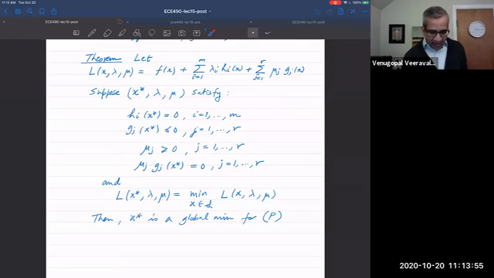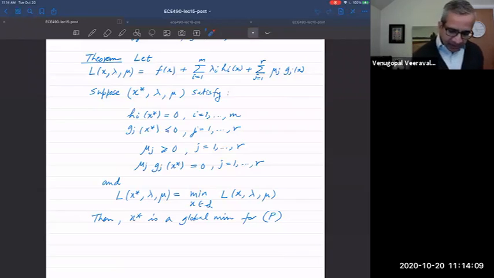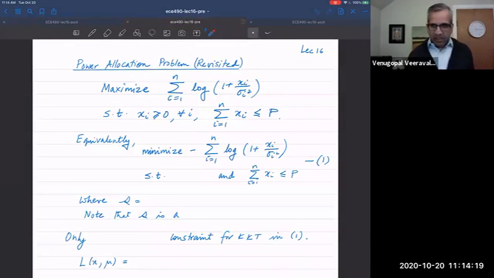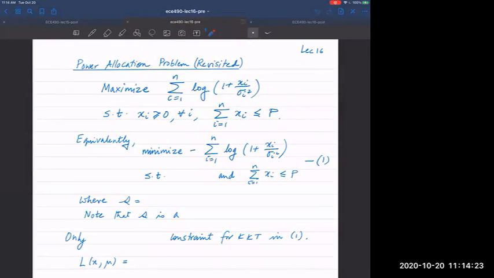And of course, you can also allow for an S which is not necessarily equal to Rn. That's the other slight generalization that we have. Okay, so let's see how we can apply this result by revisiting the power allocation problem. So that's today's lecture. Any questions before we do that, though?